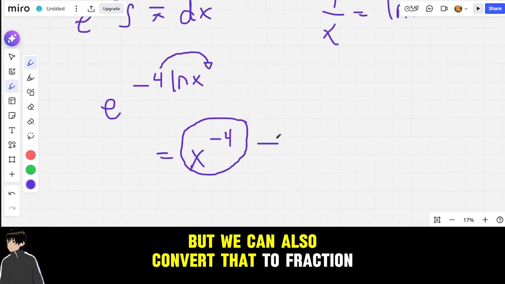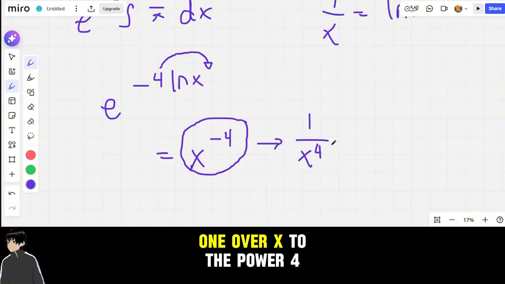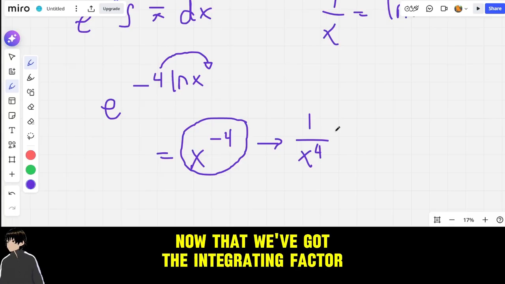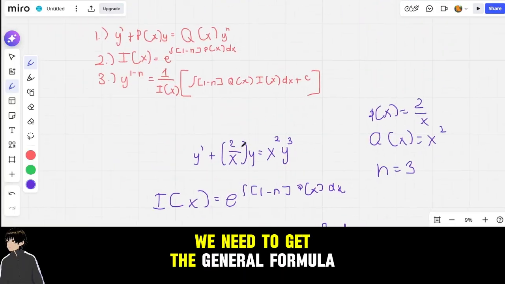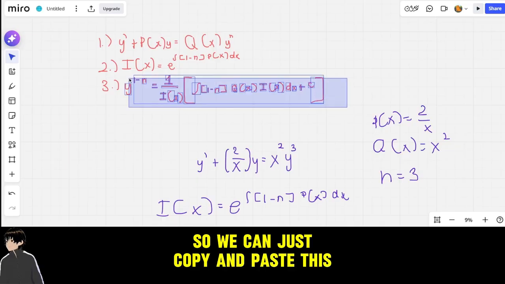But we can also convert that to fraction form. We have something like this, 1 over x to the power 4. Now that we've got the integrating factor, we need to get the general formula in order to solve this. So we can just copy and paste this.